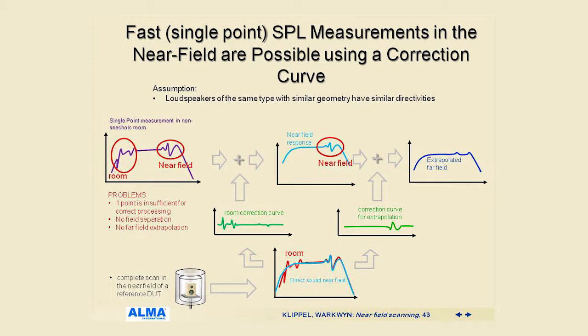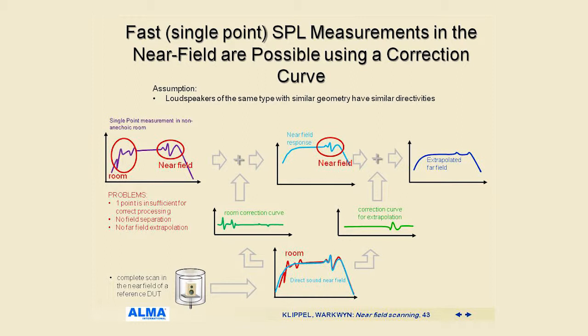So what we need to do is a complete scan of the reference DUT. And from there, we can calculate the room correction curve. We can apply it to the 1 point measurement, and we'll get the near field response with the room reflections removed.